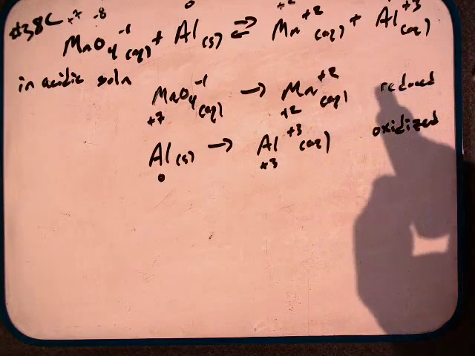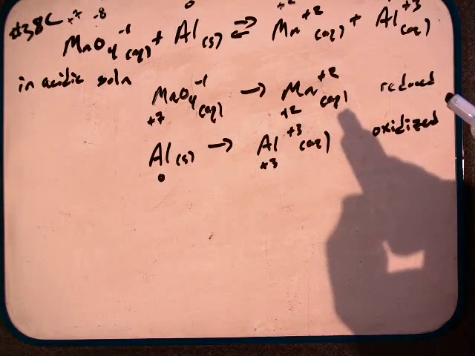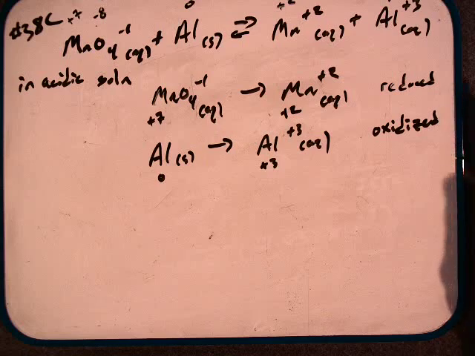The manganese would be accepting electrons that go from +7 to +2. The aluminum would be losing electrons that go from 0 to +3.